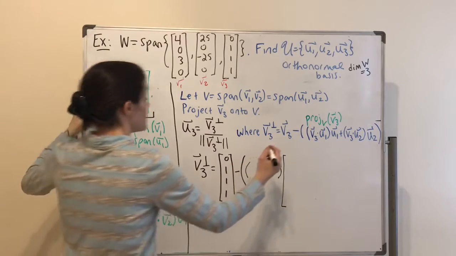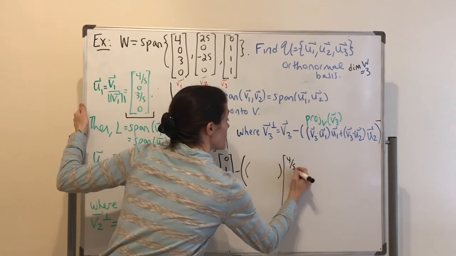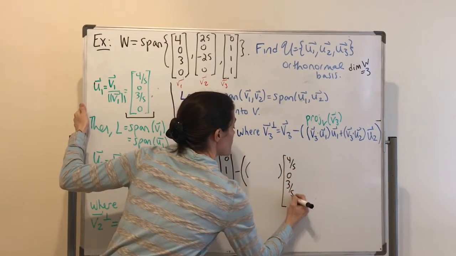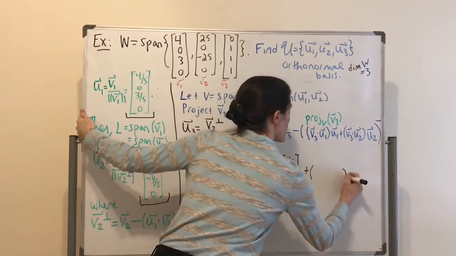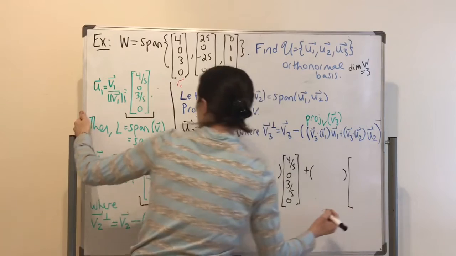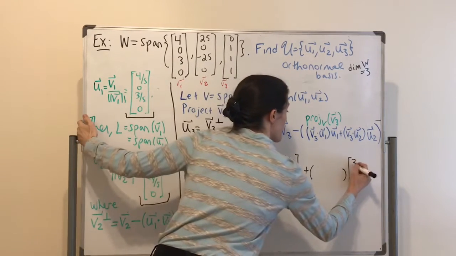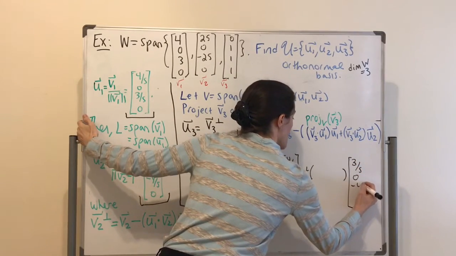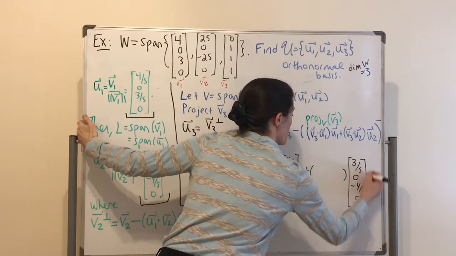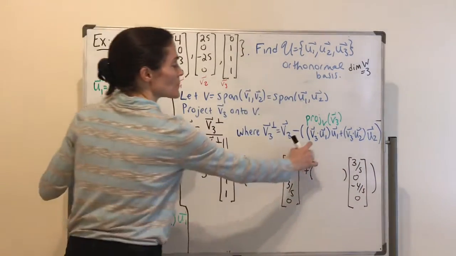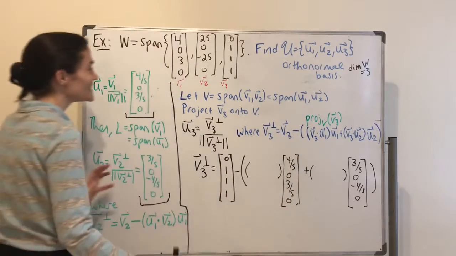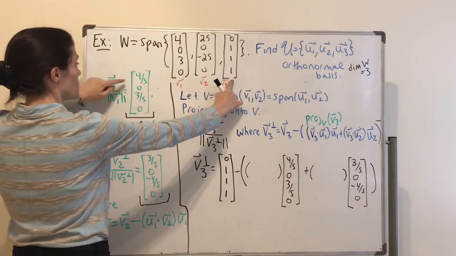u1, I have 4 over 5, 0, 3 over 5, 0. And then I'll go ahead and do this, then I'll write the dot products. And then u2, which is 3 over 5, 0, negative 4 over 5, 0. Okay, so now I just need to compute v3 dot u1.